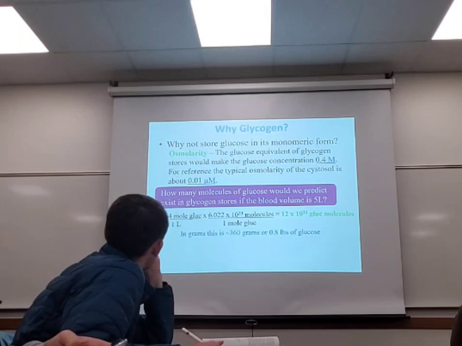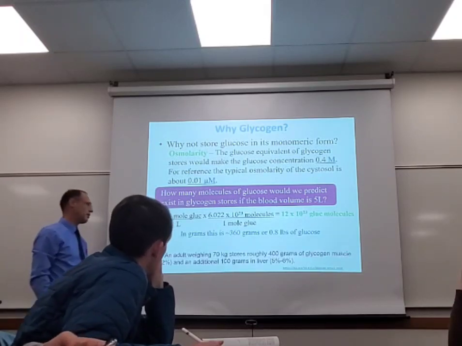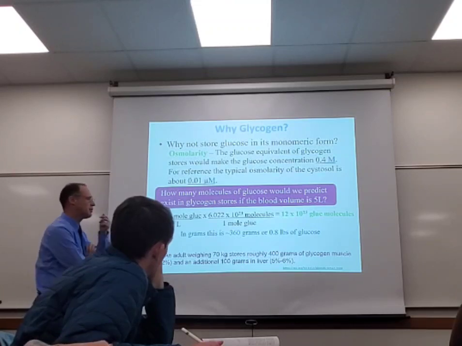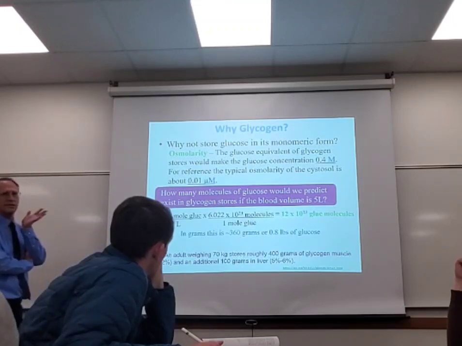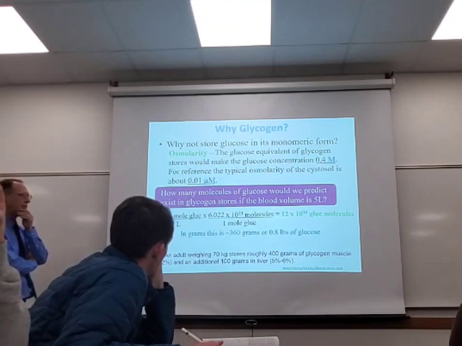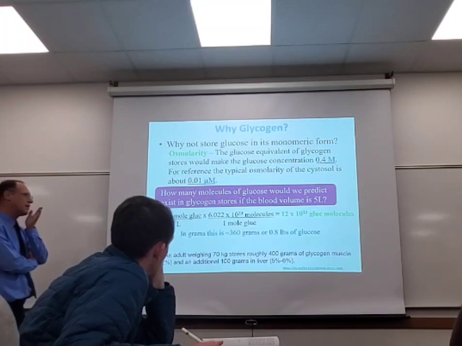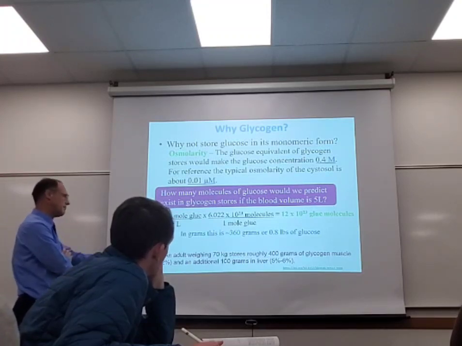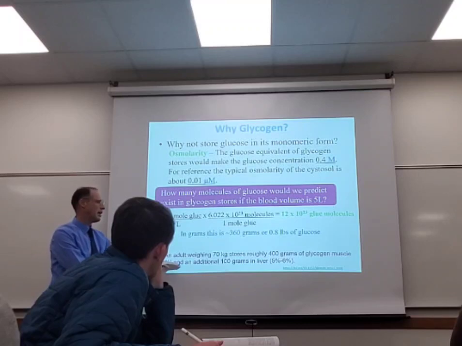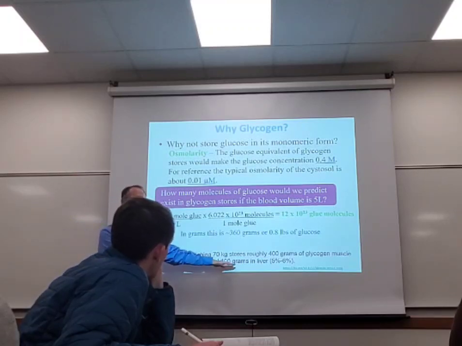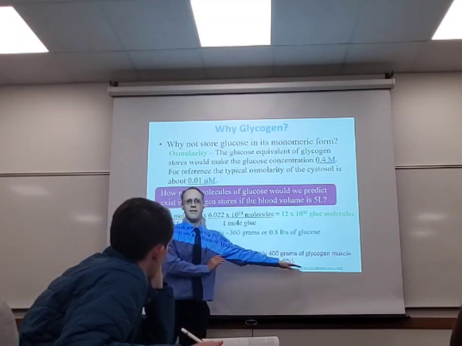Got it. Cool. Now, interestingly enough, this is also informational. An adult weighing 70 kilograms stores roughly 400 grams of glycogen in the muscle, 1 to 2%, and an additional 100 grams in the liver at 5 to 6%.